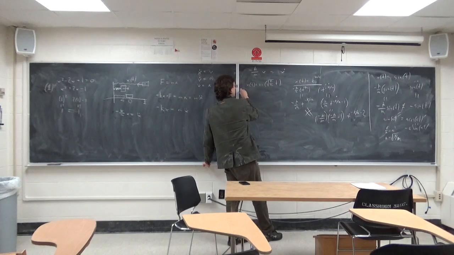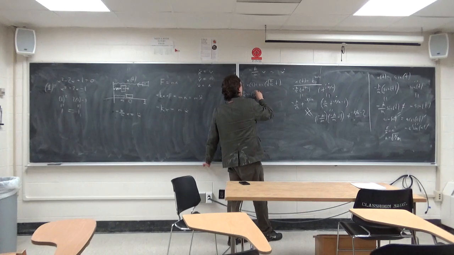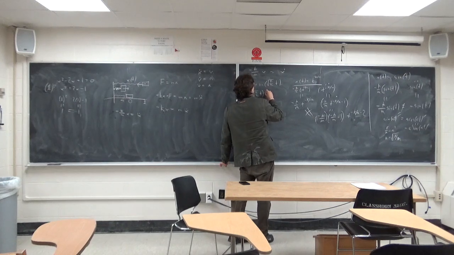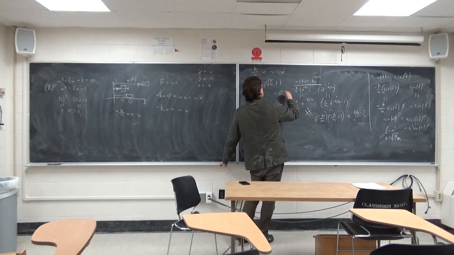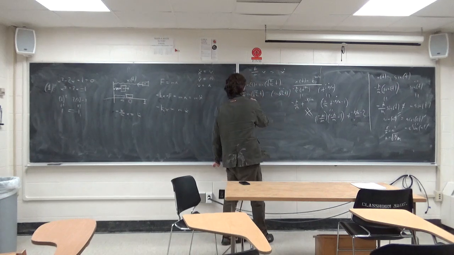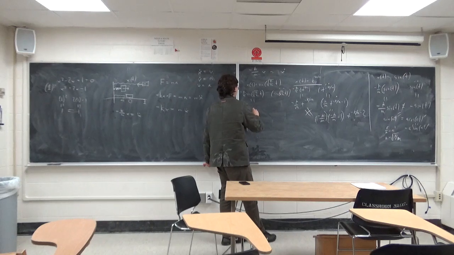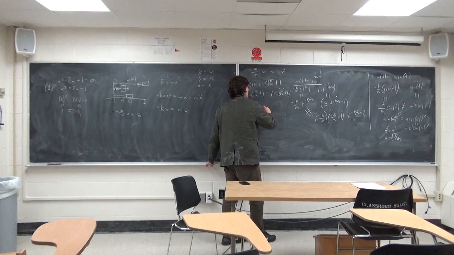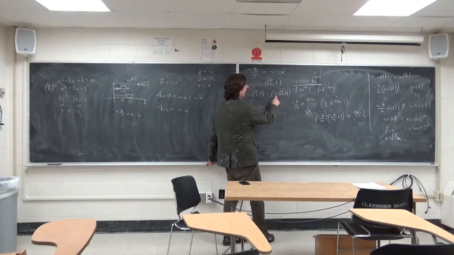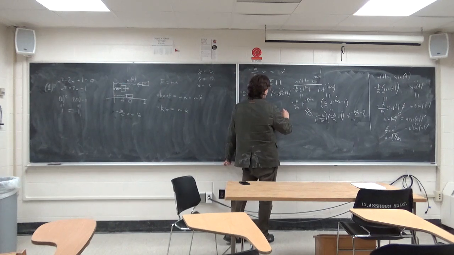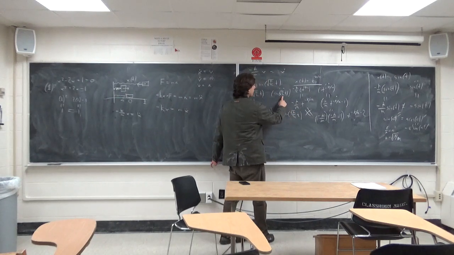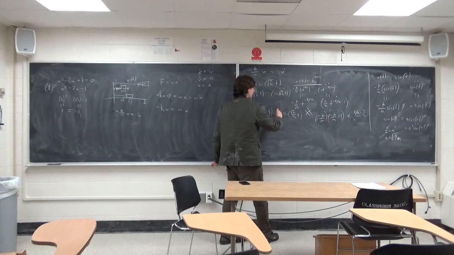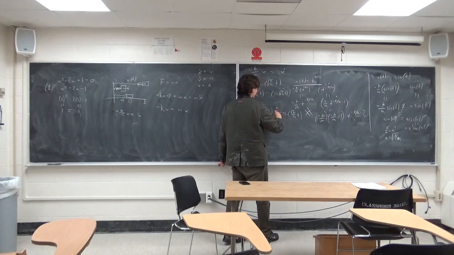On one side I get negative k over m sine of square root of k over m t. And on the other side I get the double derivative of sine of square root of k over m t. When I take the derivative two times, I get negative sine of square root of k over m t, and the constant comes out twice, so I get k over m.